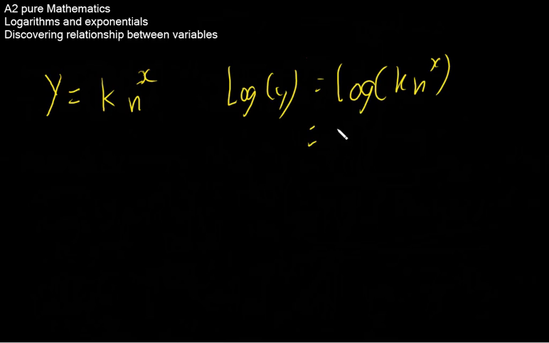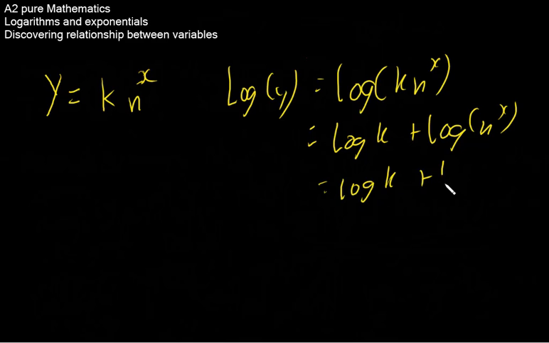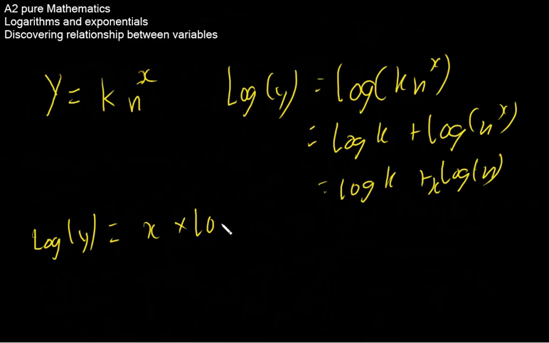This is equal to the log of k plus the log of n to the power of x, which is the log of k plus x times the log of n. So we have the equation log y is equal to x times log n plus log k.